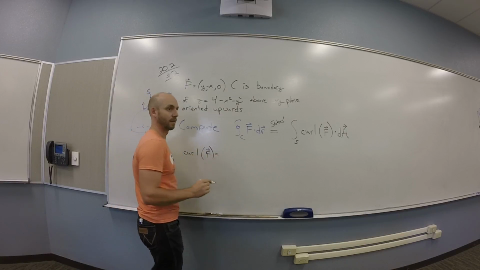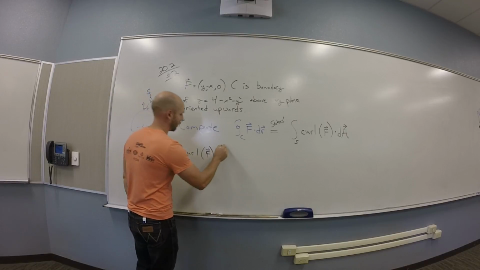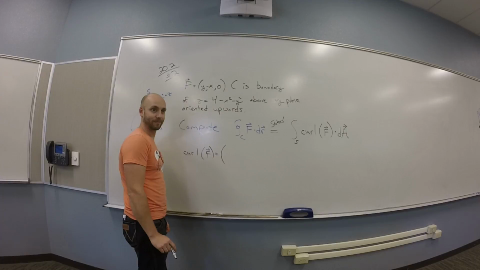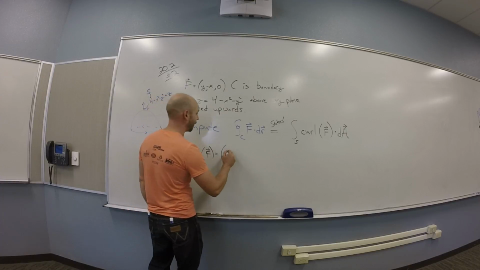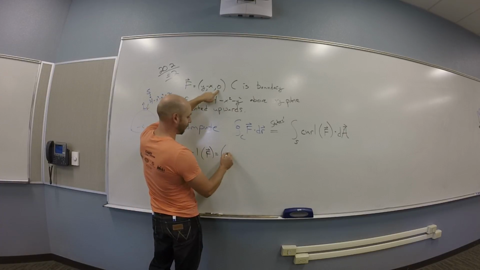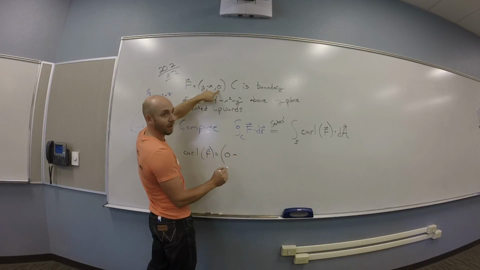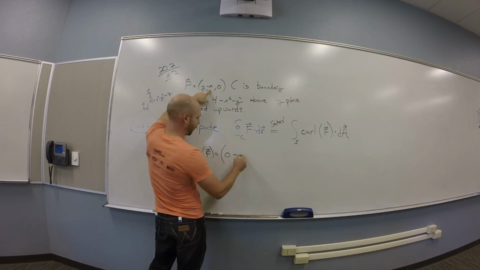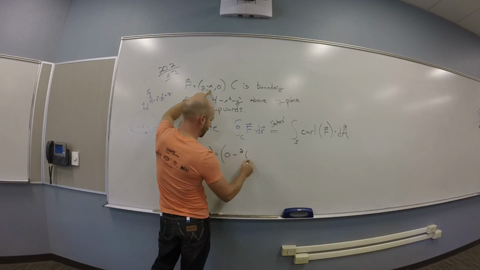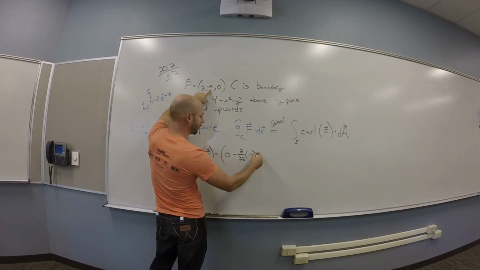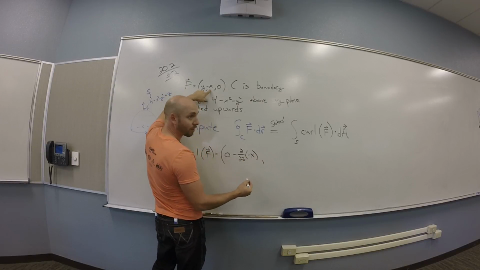I'm doing the calculations right now. Okay, so the z component's 0. 0 minus the y partial of z, so it ends up being another 0. Okay, the y component, with respect to z, that's going to be 0.